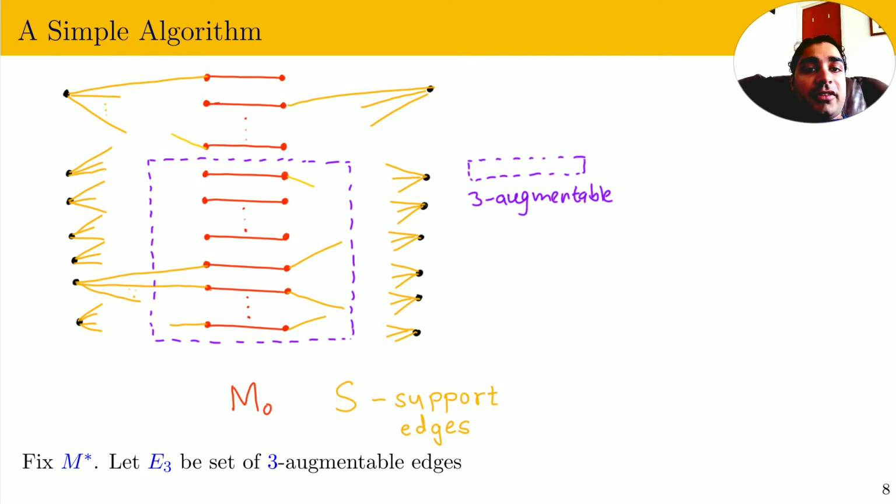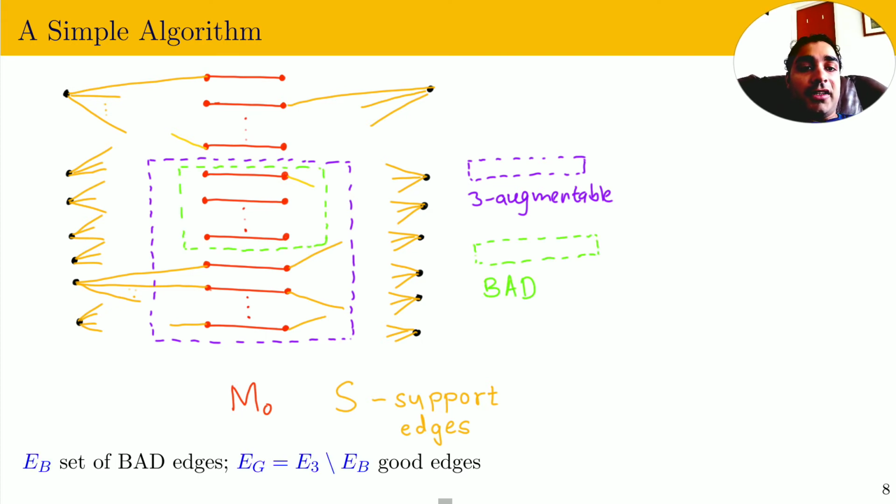So here I'm showing three augmentable edges with respect to an M star. The M star is not shown, but assume that these are the three augmentable edges. Let's call this set E3. Now I've shown the set of bad three augmentable edges.